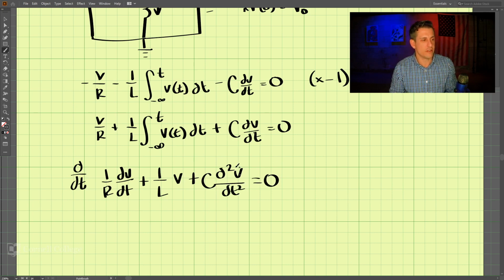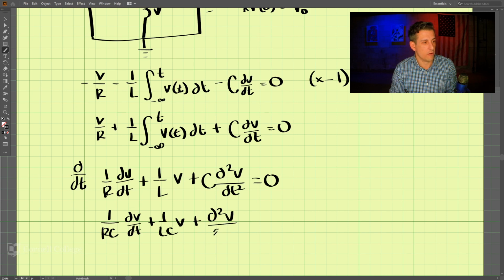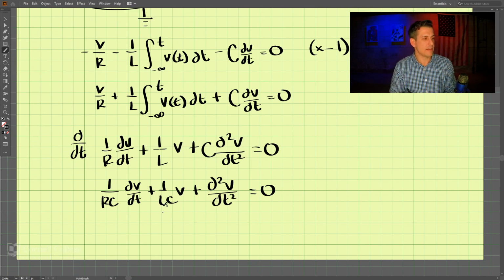So rearranging this equation, we'll divide everything by C, so we get 1 over RC dV dt plus 1 over LC V plus d squared V over dt squared equals 0. And lastly, let's just rearrange this.